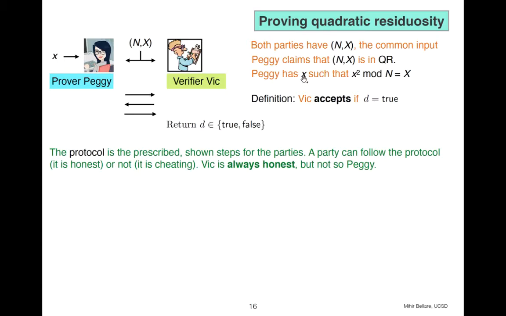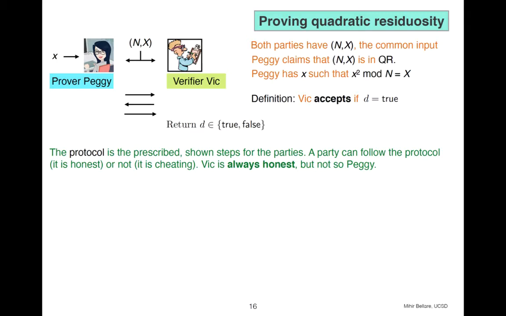She actually has a square root. She knows a little x whose square mod n is big X. So the protocol now is supposed to convince Vic that big X is indeed a square mod n, but it doesn't want to reveal little x. So Vic, remember, outputs a Boolean decision. We say he accepts if the output's true.